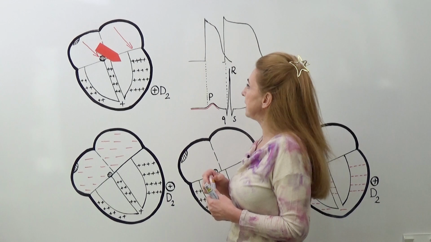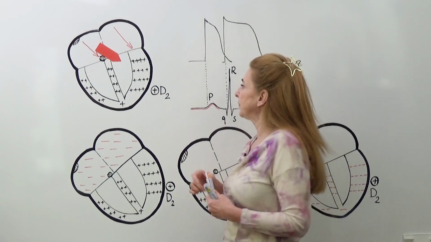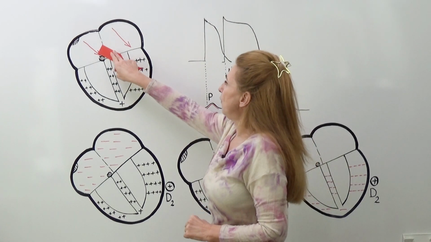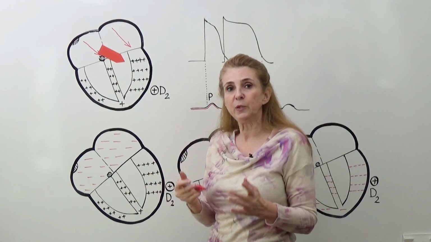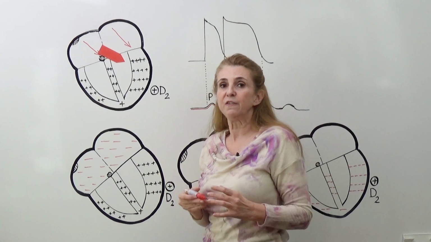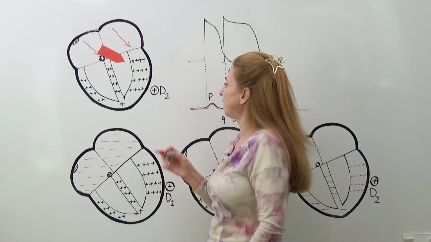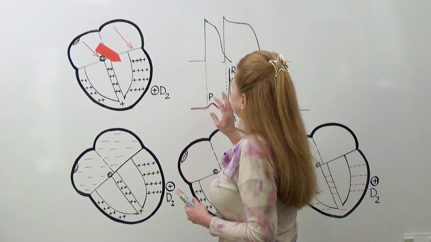We are going to discuss these P waves later on. The vector of the P wave under normal conditions is between 0 and plus 75 degrees.